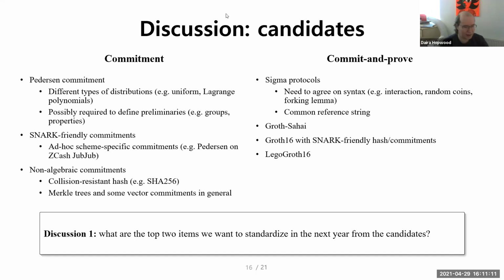I mean, obviously, Groth16 has the advantage of compatibility with a lot of existing deployed systems. LegoGroth16 has these additional features for plugging together proof systems efficiently. Are the differences between them large enough that you would need separate implementations, or is it likely that a single implementation could support both? Between Groth-Sahai and Groth16?